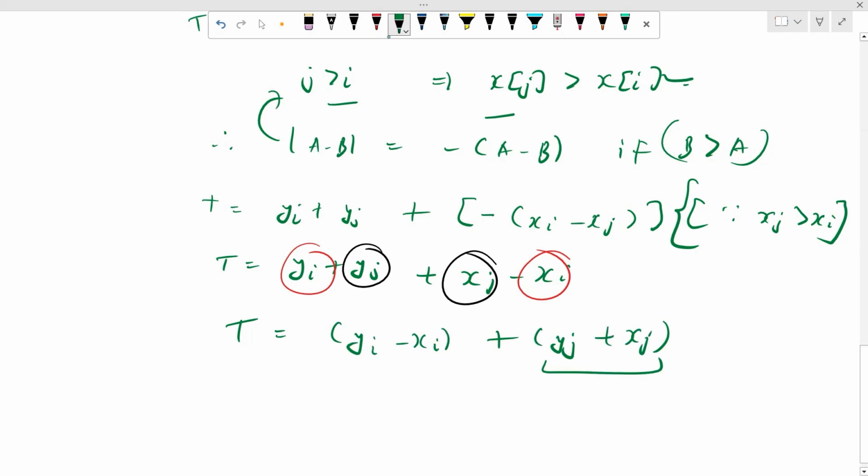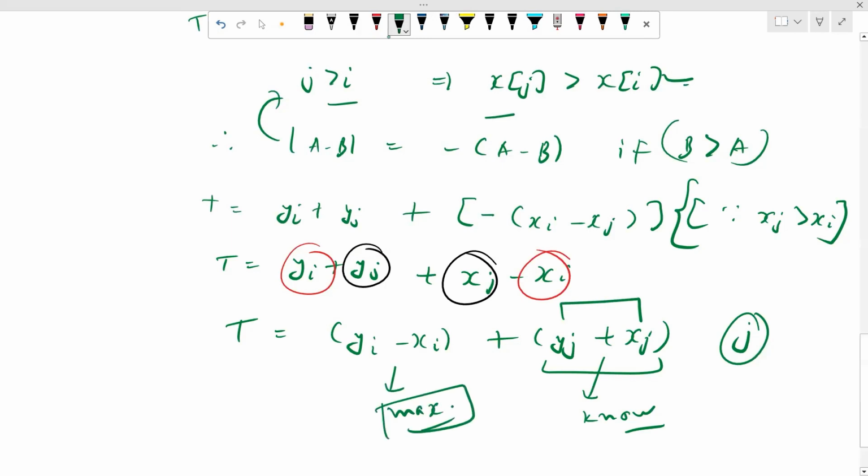So we can now clearly see that if we are at some point j and we know both of these values, we just need to maximize this value, right? By maximizing this, I guess we are good to go, right?